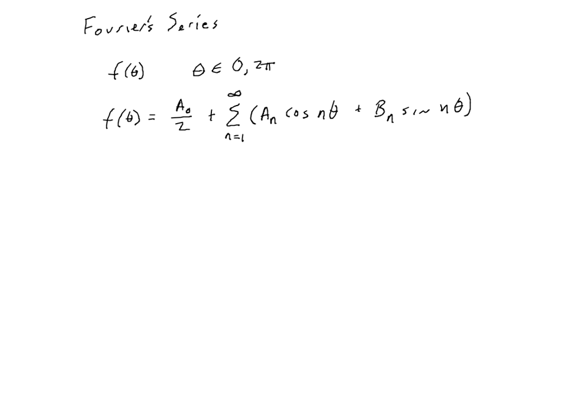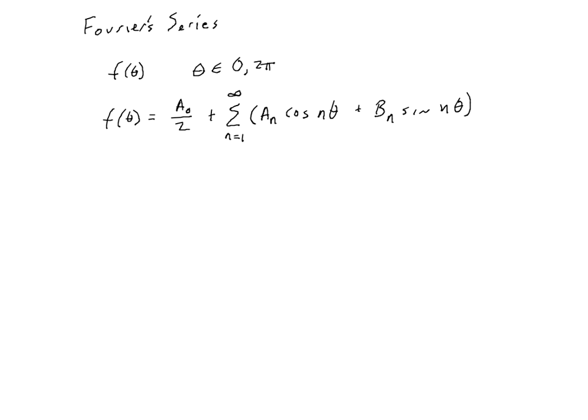If you have n equal to 2, then you get 2 cycles between 0 and 2 pi, and that represents a higher frequency. The same thing goes for sine.